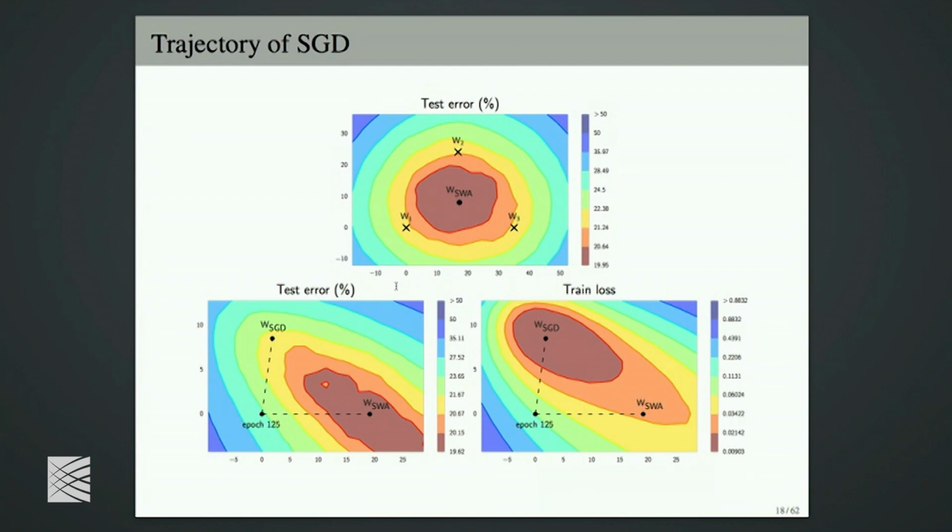In test, we see that SGD moves to the periphery of a good solution, whereas if we start doing the equal average after epoch 125 up to about epoch 200, where we would normally truncate our procedure, we move to a point of very good generalization. However, in train, it's exactly the opposite. So we actually see an empirical realization of this horizontal shift between the training and test loss.